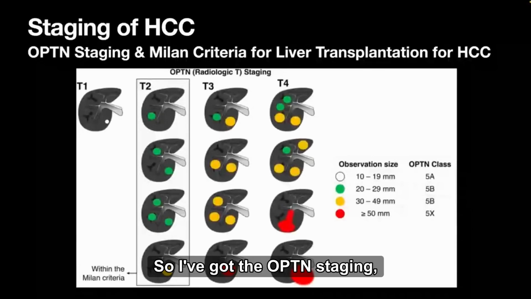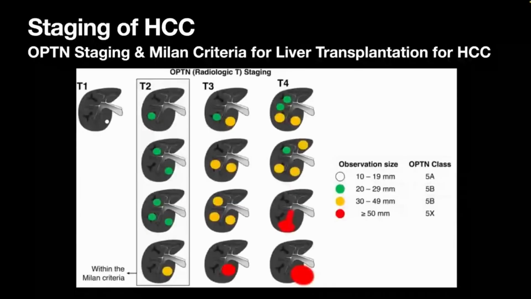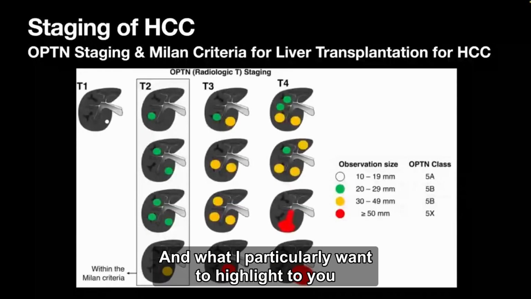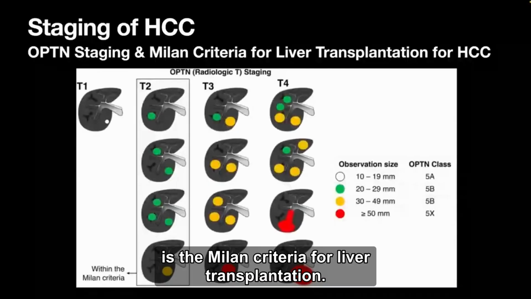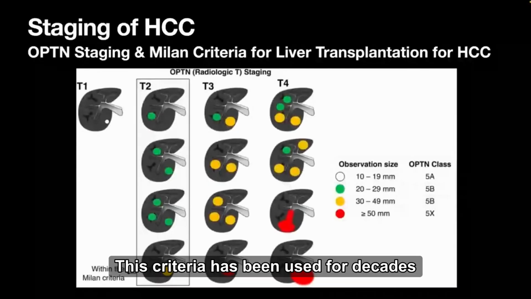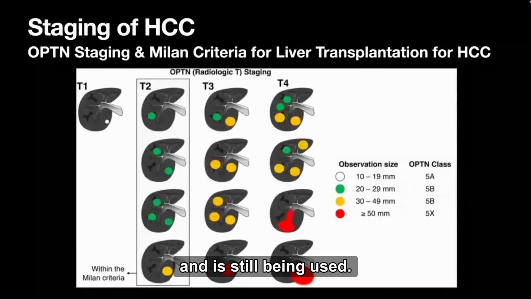I've got the OPTN staging, which is shown in this diagram, and what I particularly want to highlight to you is the Milan criteria for liver transplantation. This criteria has been used for decades and is still being used.